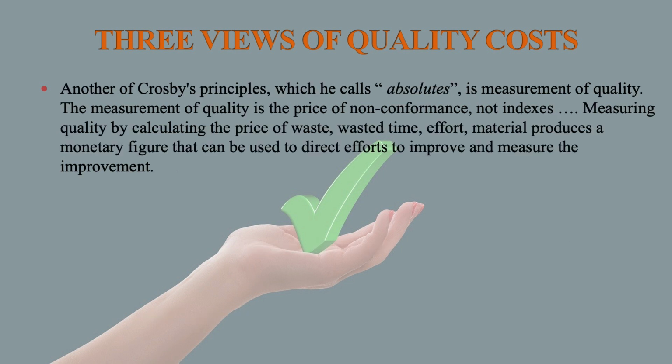Another of Crosby's principles, which he calls absolutes, is measurement of quality. The measurement of quality is the price of non-conformance, not indexes. Measuring quality by calculating the price of waste, wasted time, efforts, material, products, gives a monetary figure that can be used to direct efforts to improve and measure the improvement.